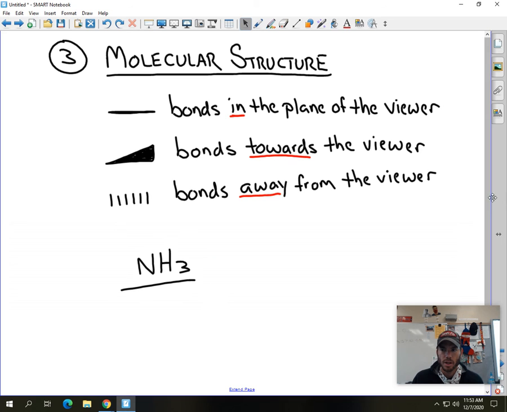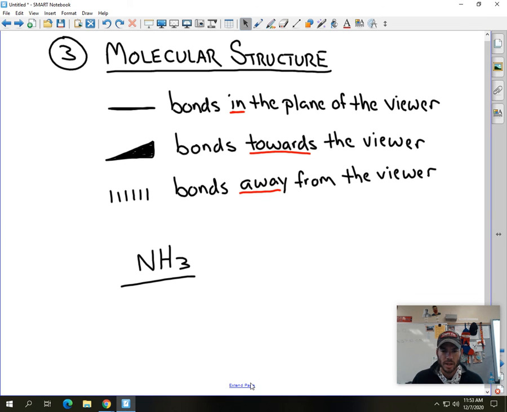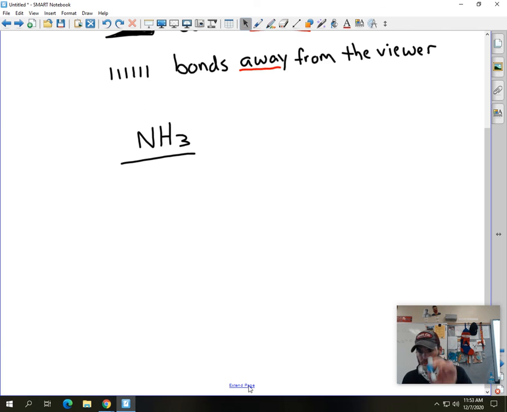So again, if we're going to use our NH3 as an example, here's NH3, and if I was to hold this in front of me, notice how one of them is coming directly at you, one of them is in the plane, and one is going away from you, right? So to show that, I would draw, here's my blue, and I've got 1, 2, 3, but one of them is in my plane, so that's the line.